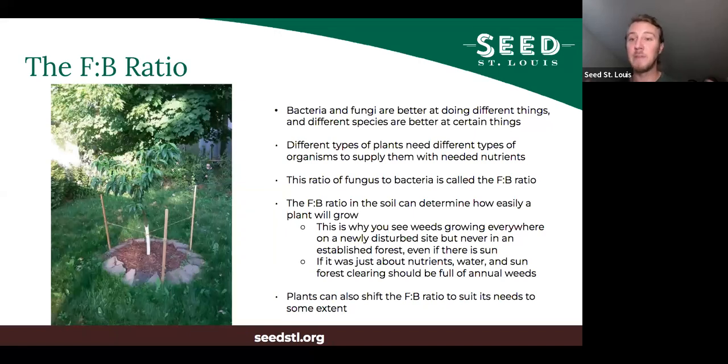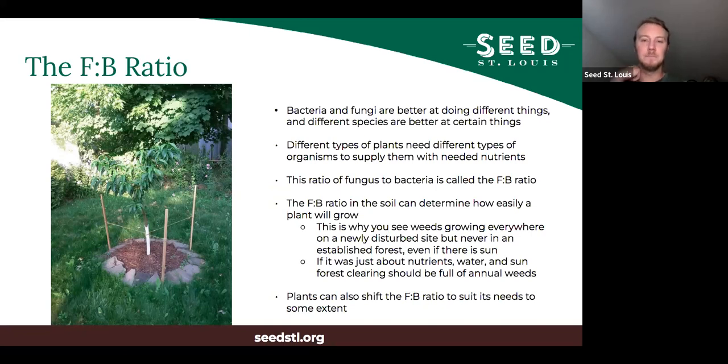So there are these different forms of nitrogen, and different plants have a preference for those different forms. If your soil is mostly dominated by fungus, then plants that prefer the type of nitrogen that bacteria make are going to have a much harder time growing in that soil than something that prefers the type of nitrogen that fungus make.